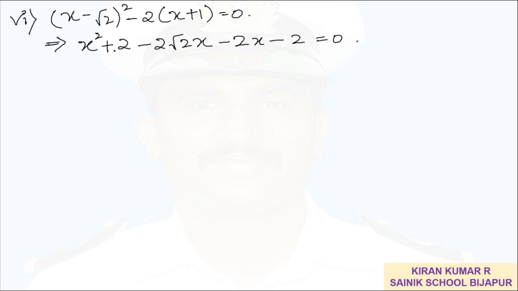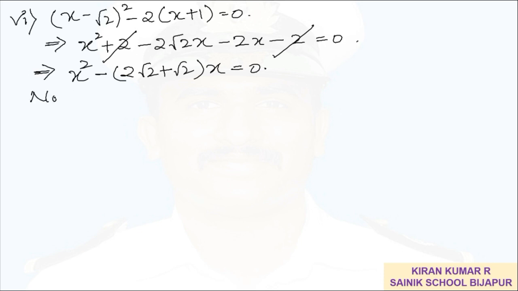Here you observe this positive 2, negative 2 will get cancelled. We get the equation as x square, I can take this negative x as common, so I'll be getting 2 root 2 plus root 2 times x equal to 0.